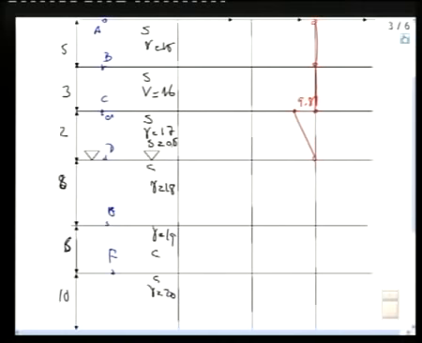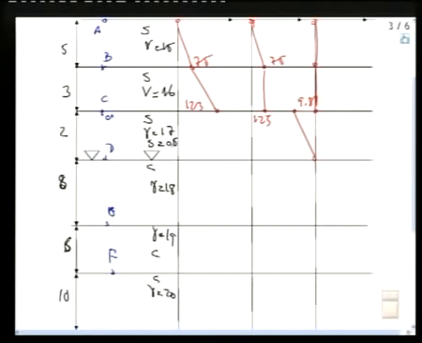Okay, at point A, 0, 0, 0. Then 5 by 15, sorry. 75. So this is 75, right? And 0. Then we continue. 3 by 16. 123, right? 123.